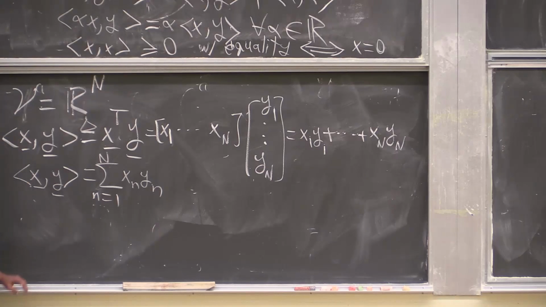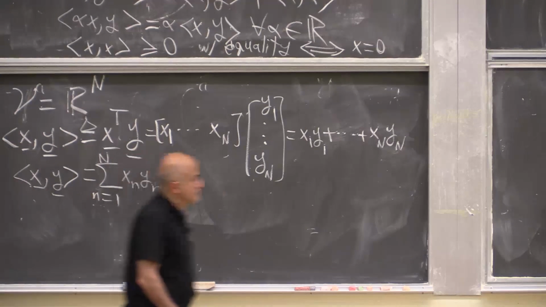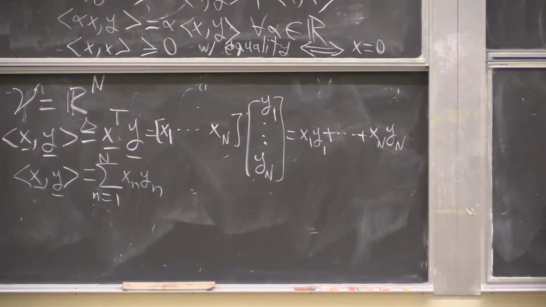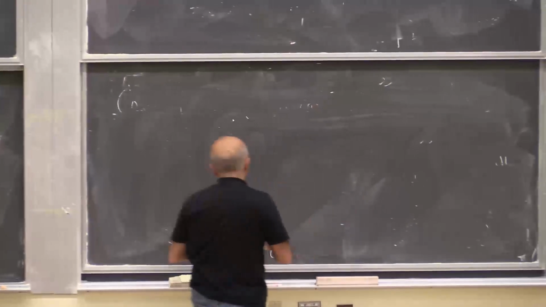The other notion I introduced, and I'm going to say a lot more about this today, in particular in terms of projecting a vector onto another and how we define angles between vectors and so on, at the end of the last lecture was that of a norm.